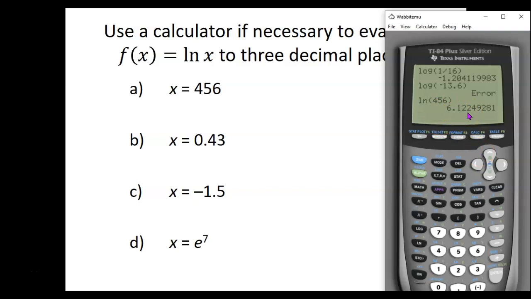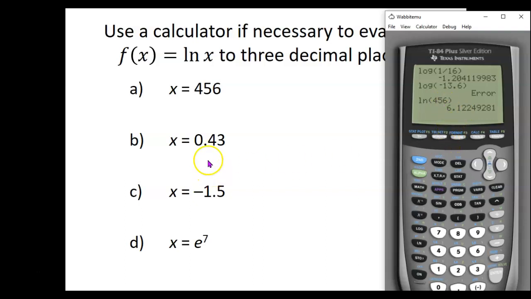So that's the power that you have to raise e to end up with 456. E, that number 2.71828 and so on, to the 6.1224928 and so on power is 456.